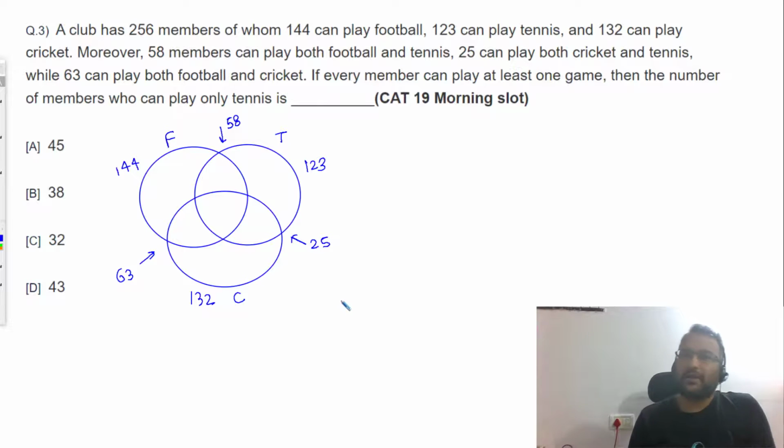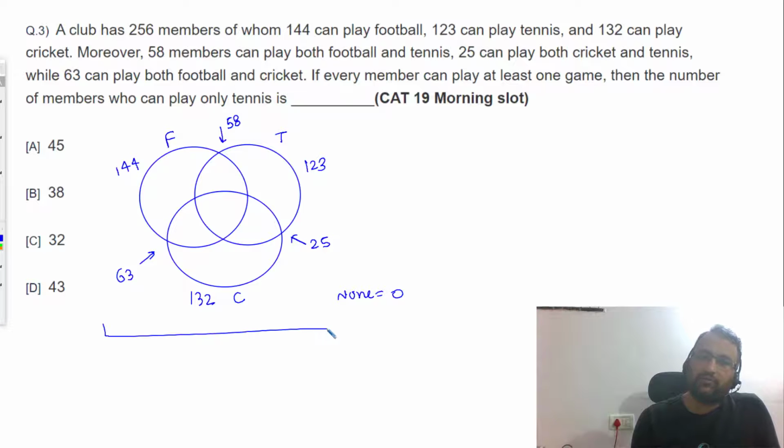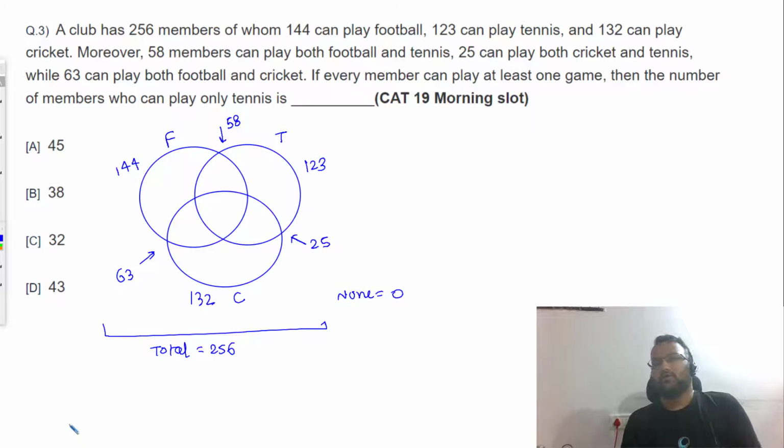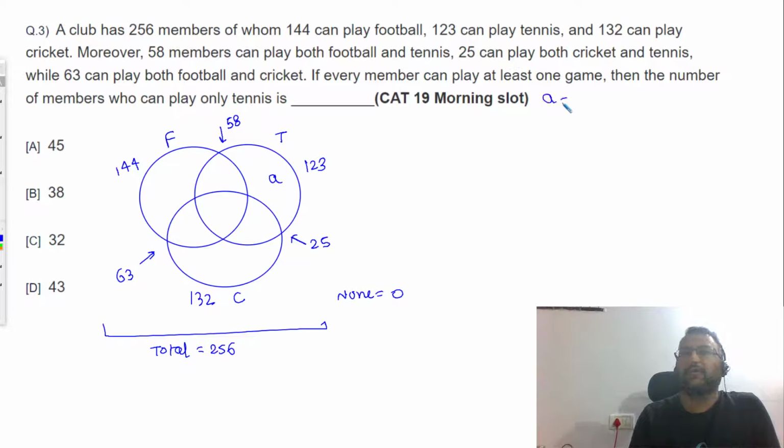If every member plays at least one game, means none is equal to 0 and the total is 256. So then the number of members who play only tennis is how much? We need to find the value of A over here. So let's use the formula of union, everyone.